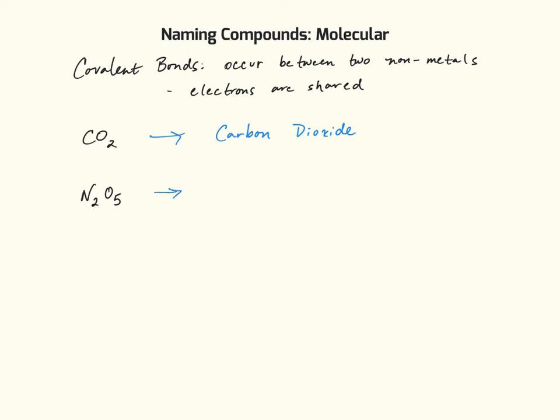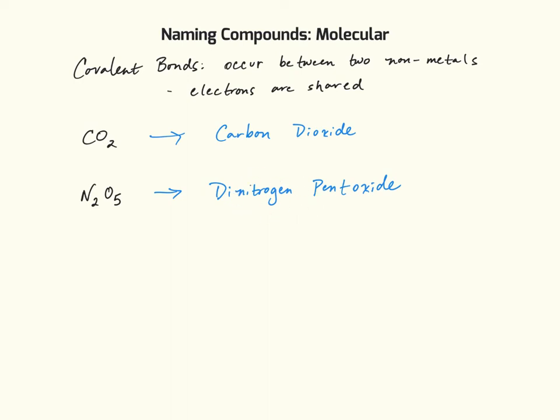So we're going to say here dinitrogen, and then we have 5 oxygens, so the prefix there is going to be pent, and really it's penta, but we drop that A at the end and we say pentoxide. So the big thing here is that really all we're doing when we name molecular compounds that occur through these covalent bonds is we're just adding prefixes in before the actual element name.